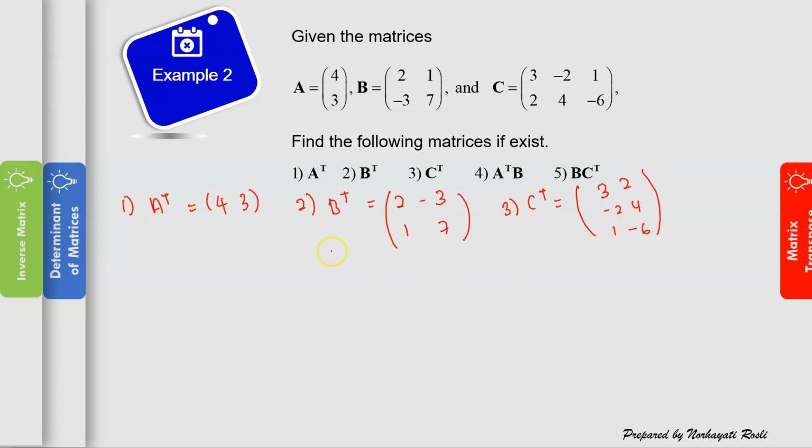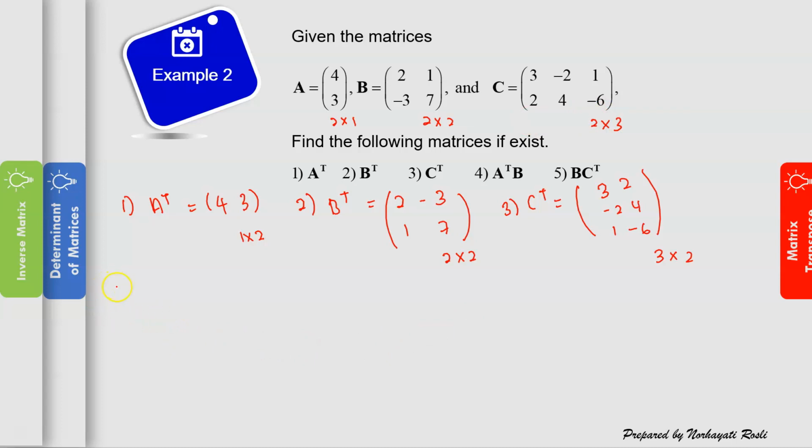Now you can see A^T is a matrix with 1 row and 2 columns. This B^T is a 2 times 2 matrix, and this one is a 3 times 2 matrix. Originally, we have 2 times 1, 2 times 2, and this one is 2 times 3.